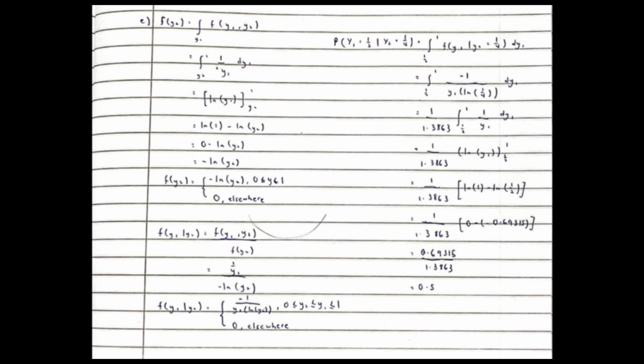So for the last probability of y1 greater than 1/2 given y2 equal to 1/4, I get 1 over 1.3863 times 0 minus negative 0.69315. Simplify it and get 0.5. Thank you.